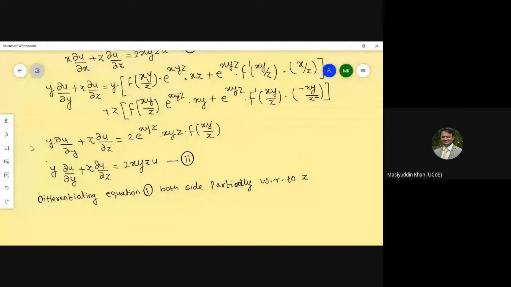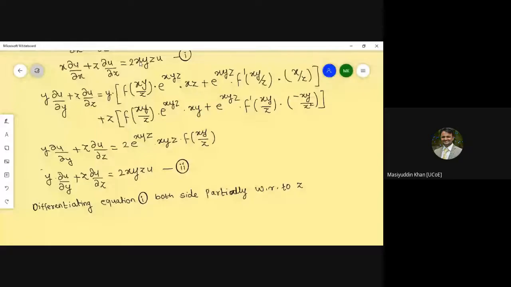x into ∂u/∂x plus z into ∂u/∂z is equal to 2xyz into u.